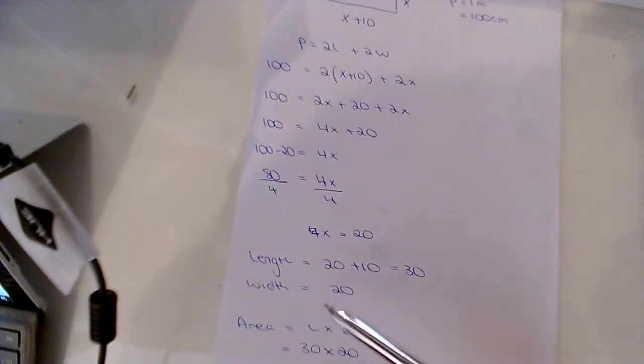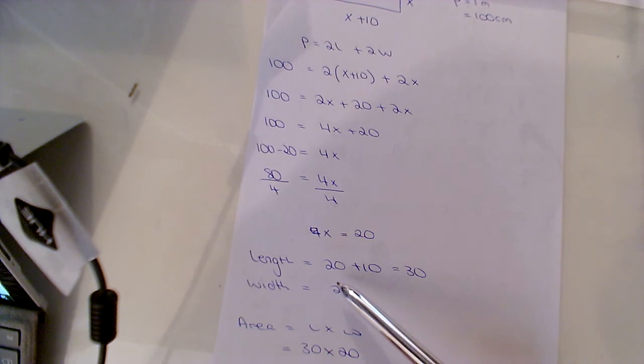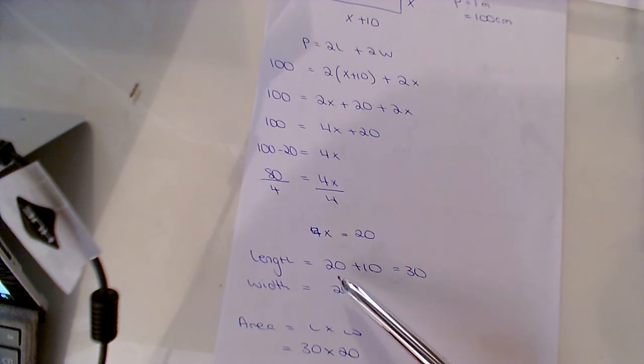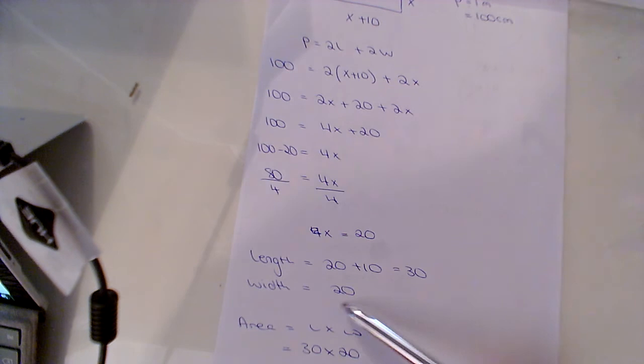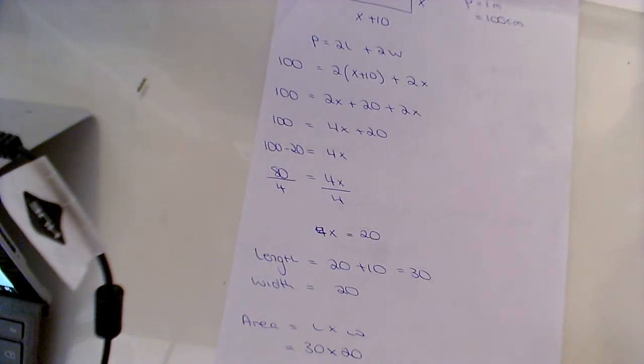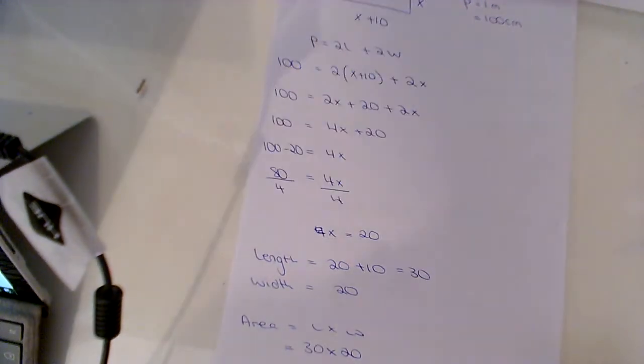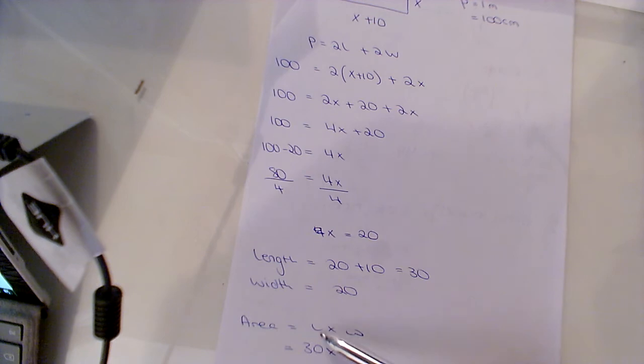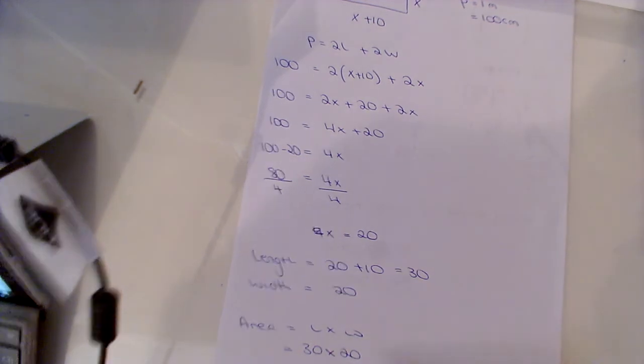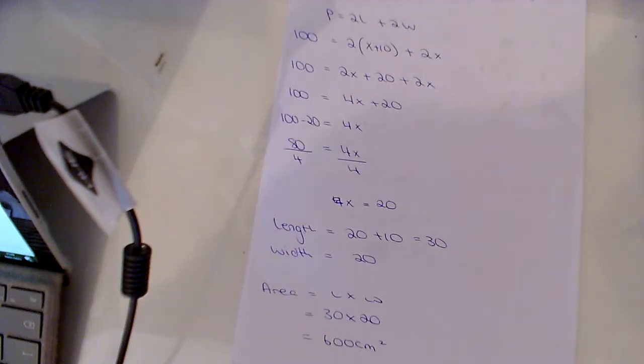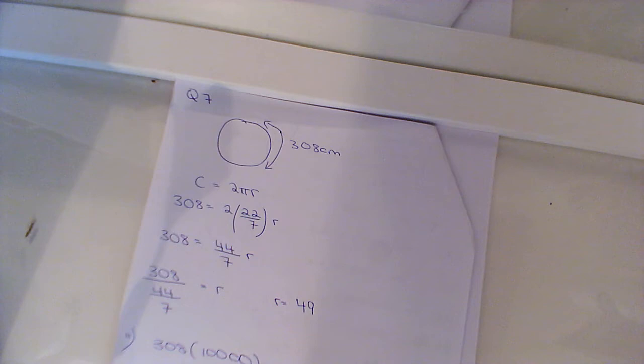So that means then that my length was x plus 10, so it's going to be 20 plus 10, and that's 30, and my width was just x, so that's 20. And finally it says, find the area of one page in square centimetres, so the area is equal to length by width, so I have 30 by 20, which gives me 600 centimetres squared.